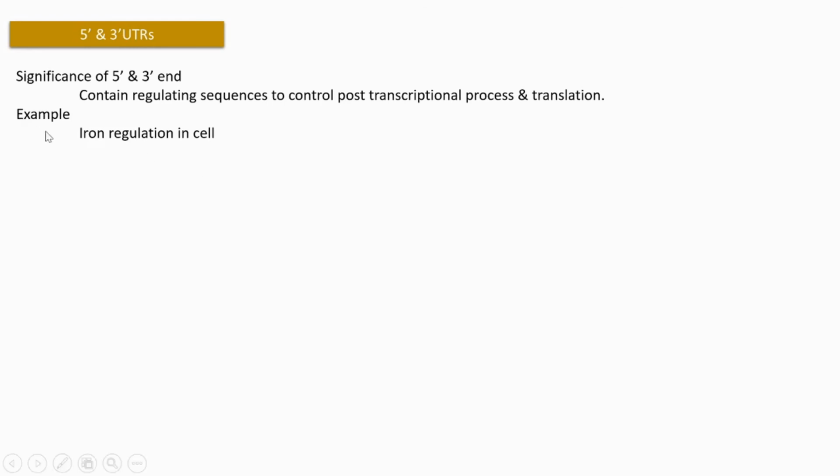So we are taking the case of iron level regulation inside the cell. Suppose a cell contains enough iron, then the additional amount beyond the requirement of the cell needs to be stored somewhere. For storing, there should be some protein to help the storage of iron.